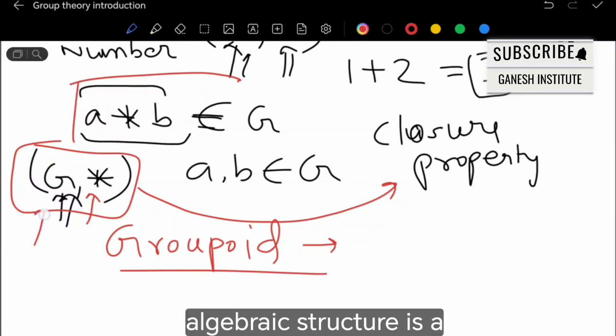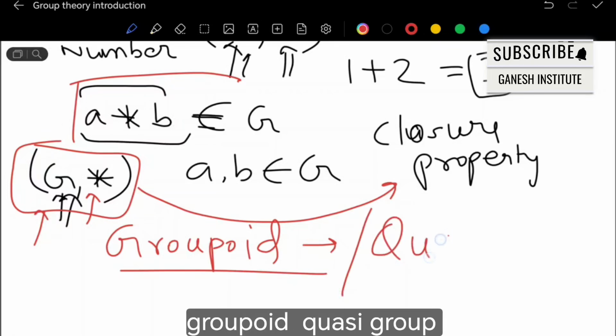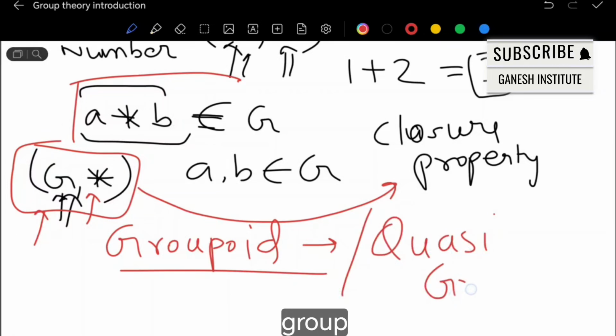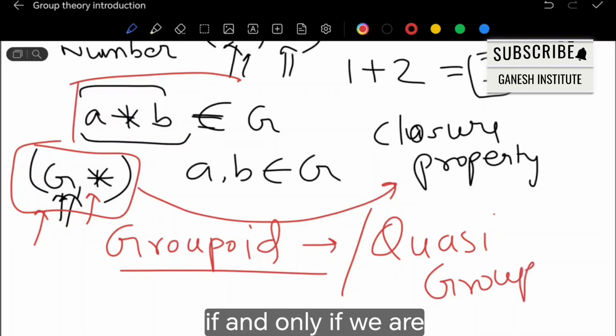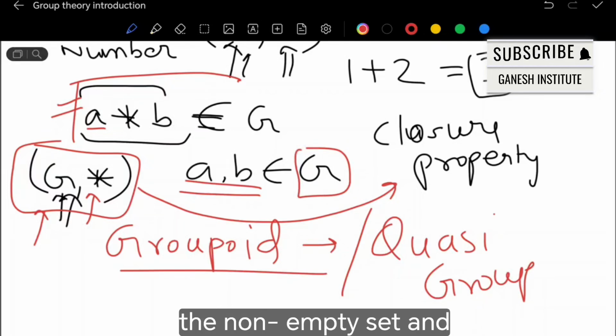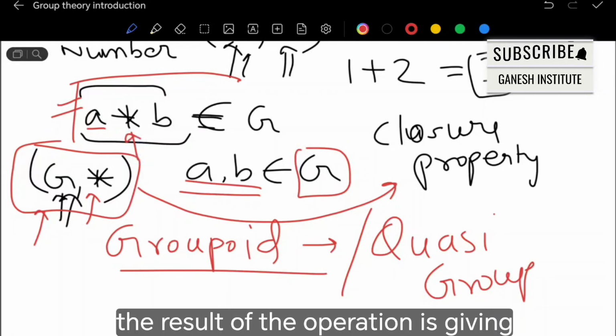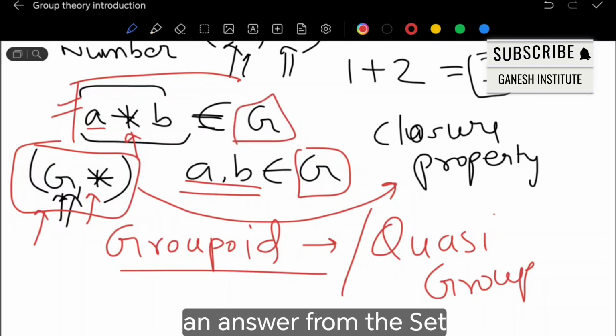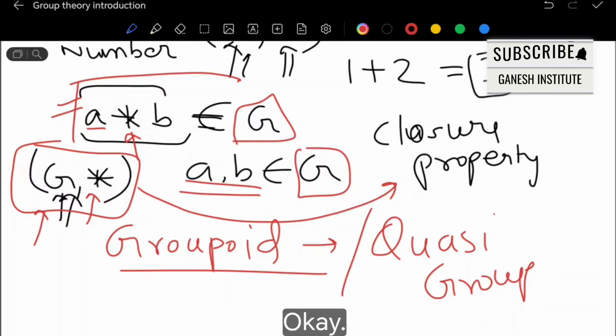Then this algebraic structure is a groupoid or quasi-group if and only if we are taking A and B from this non-empty set, and the result of the operation is giving an answer from the set itself. Okay.